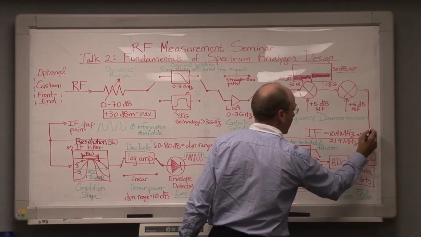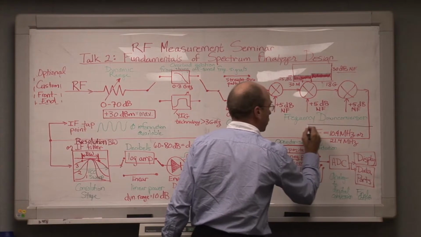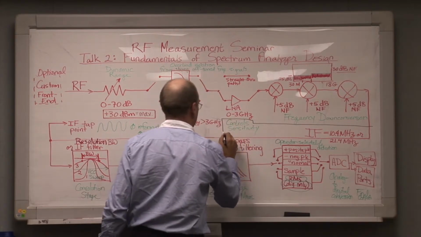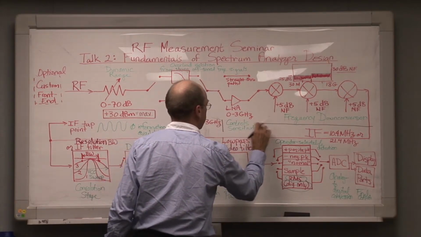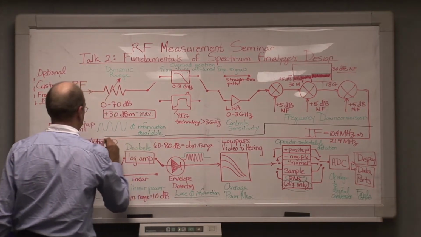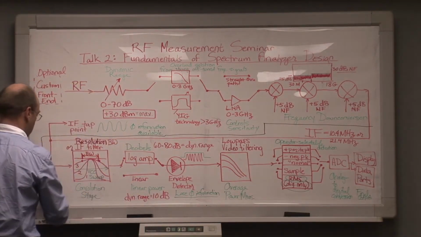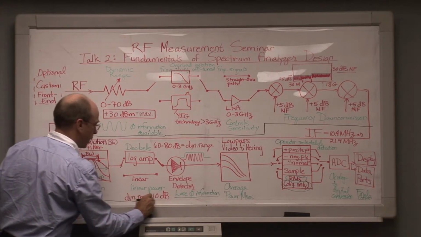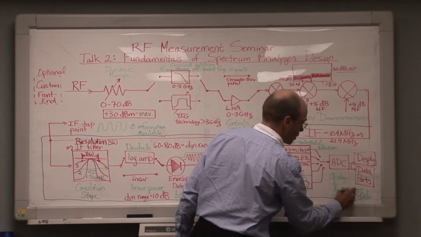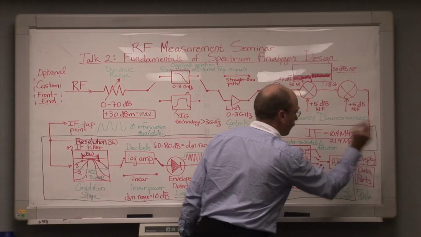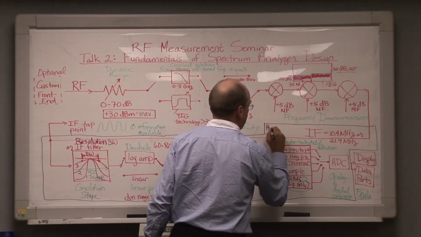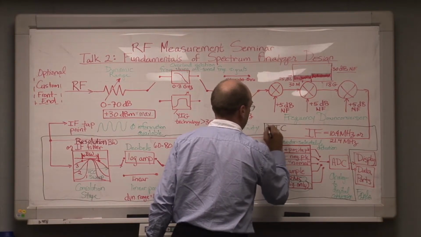Once we get down to the IF frequency in a digital spectrum analyzer, we pass through an application-specific integrated circuit, a so-called ASIC, and this ASIC, which is a very powerful digital processing stage, performs all of the functionality that I've just outlined inside the black box.